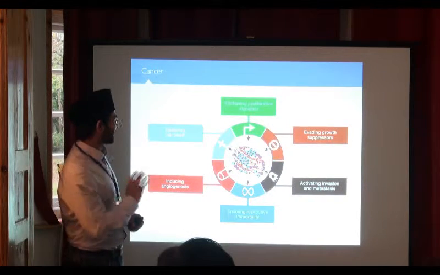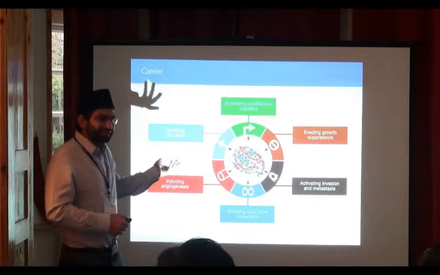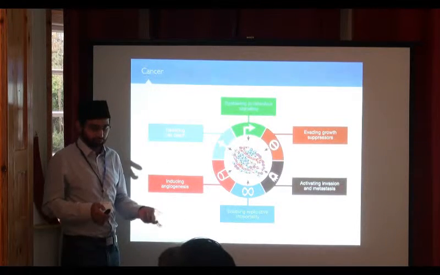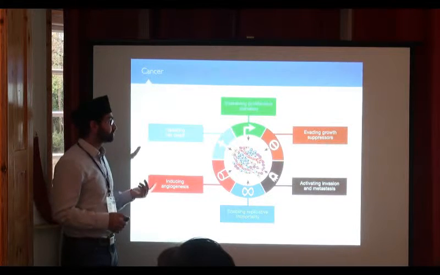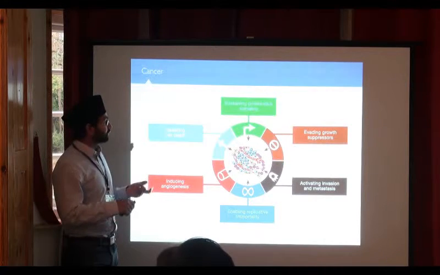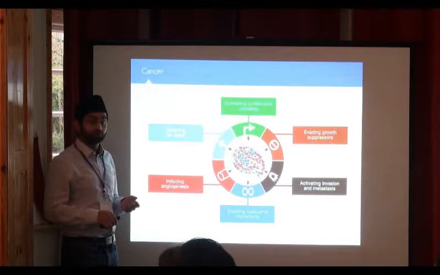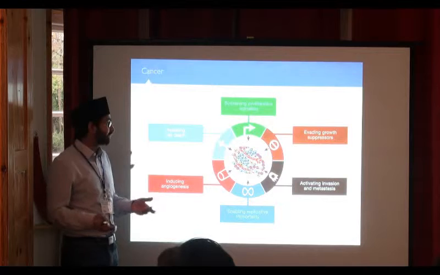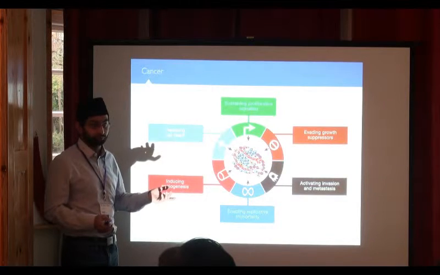But anyway, it gives you indications of what things can go wrong in a cell for it to lead to a cancer. And the important thing to remember here is that a single one of these things going wrong does not create a cancer, but you have to have multiple things going wrong for it to happen.